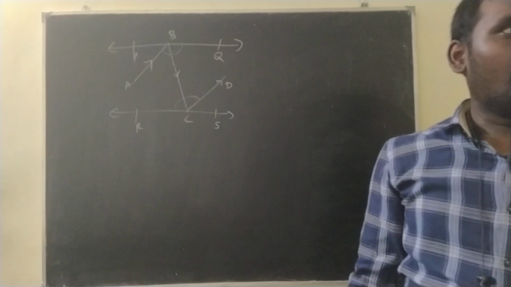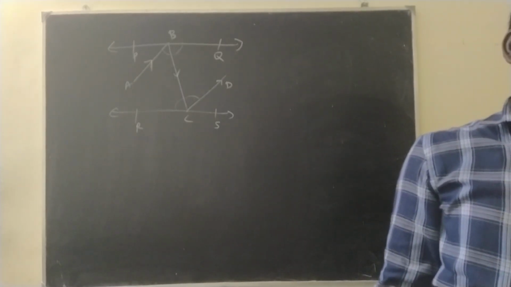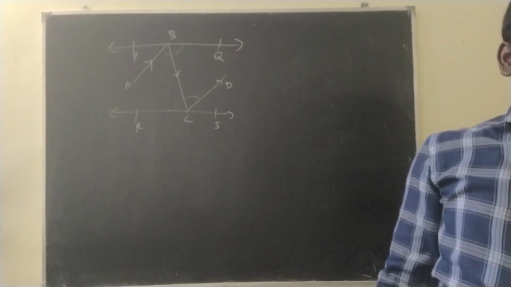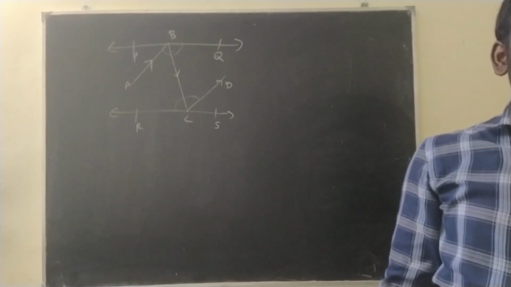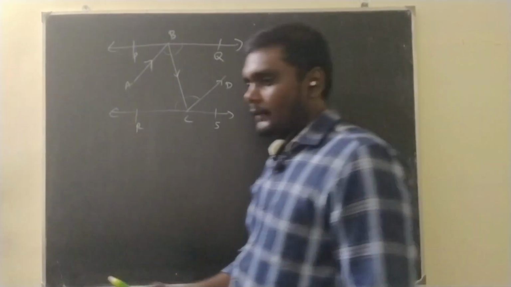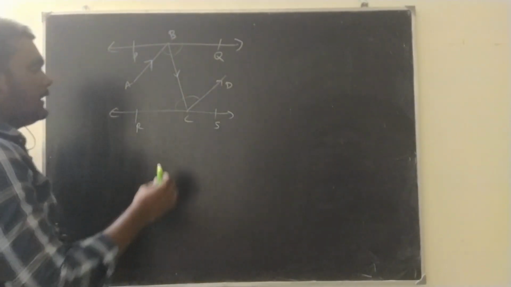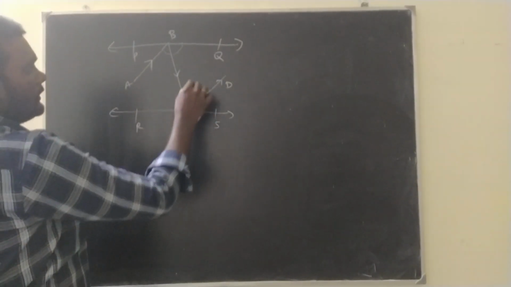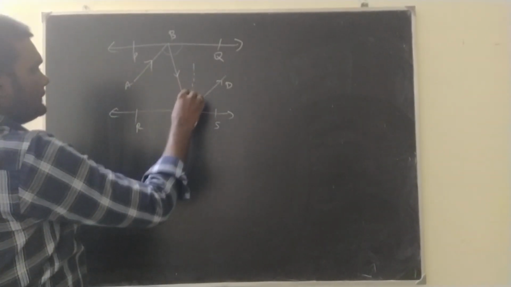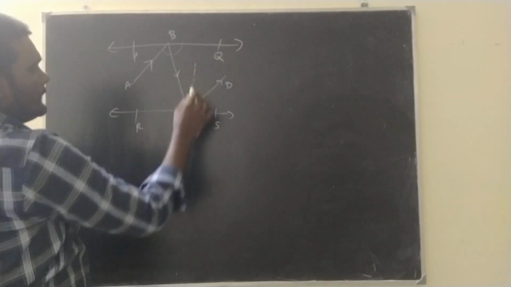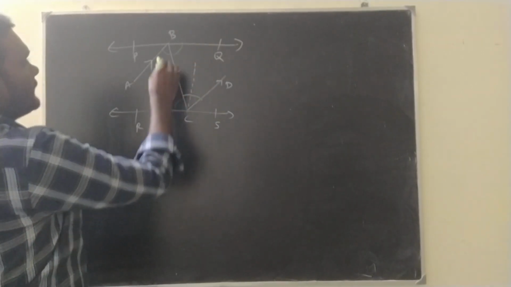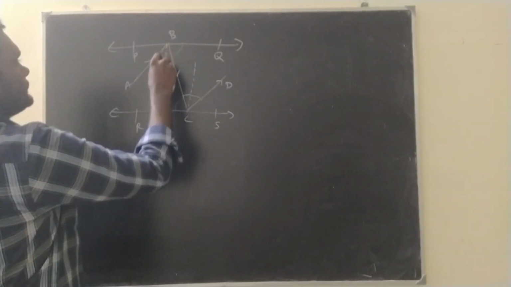For that, we will make one imaginary line to make adjustments. See, I am going to split this angle into two. As a bisector, I will draw, and each part I will name with a number.